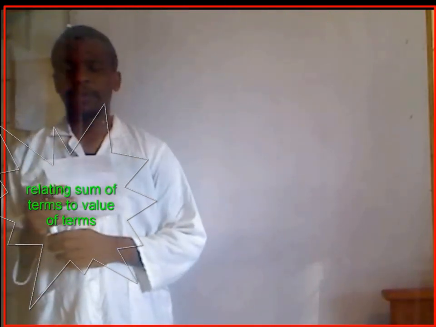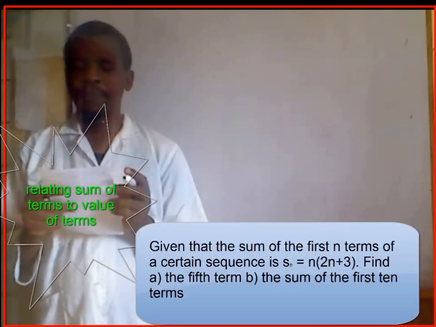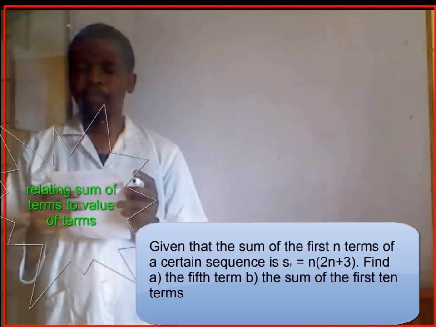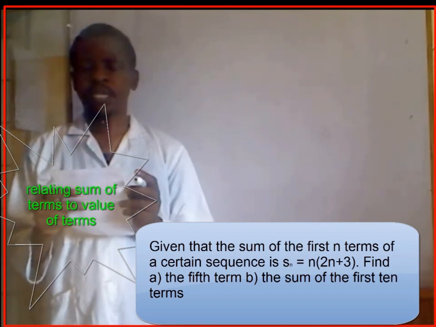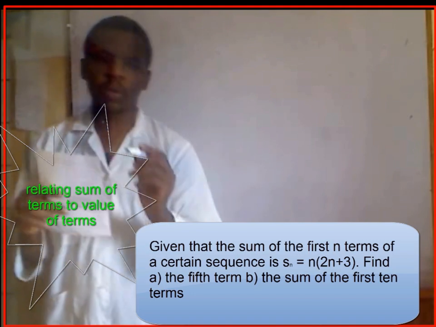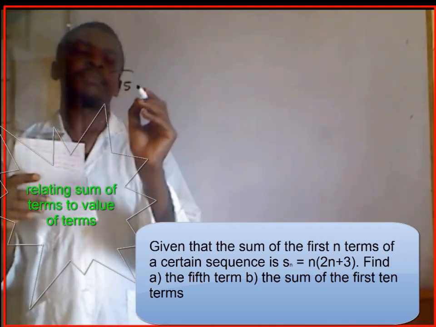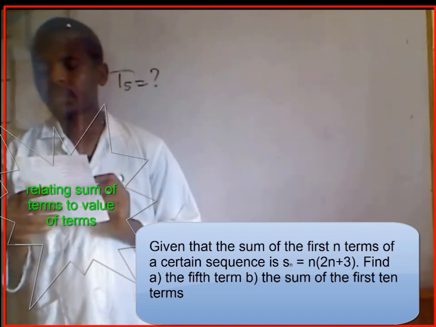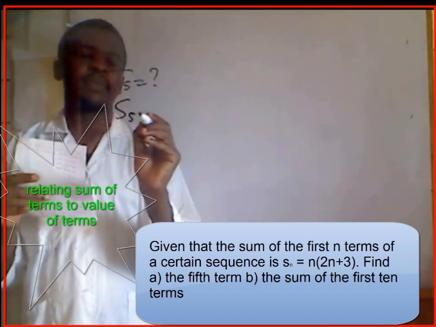Given that the sum of the first n terms of a certain series is Sn equals n times (2n + 3), find A, the fifth term, and B, the sum of the first 10 terms. So, we are looking for the fifth term, T5. It's what we don't know. Now, what is S5?